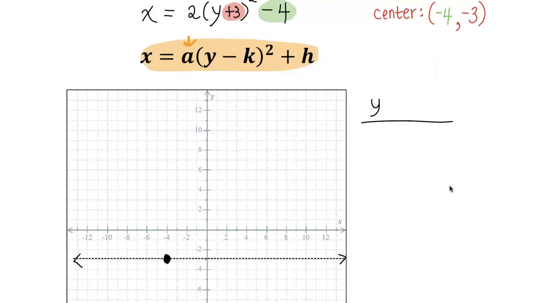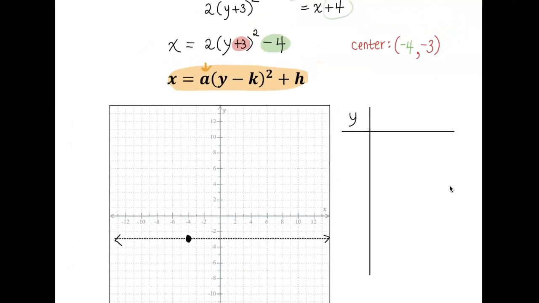After that, we just need to plot a couple points. So this function, not a function, this parabola will take y as its input, and then x can be calculated by doing 2 times (y plus 3) squared minus 4. So I have a y value of negative 3.